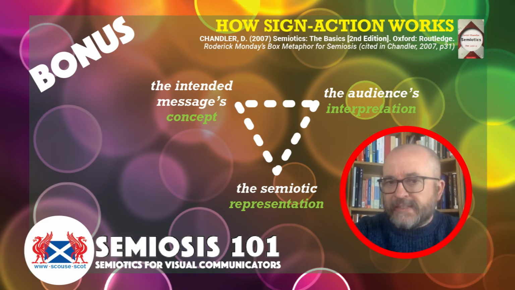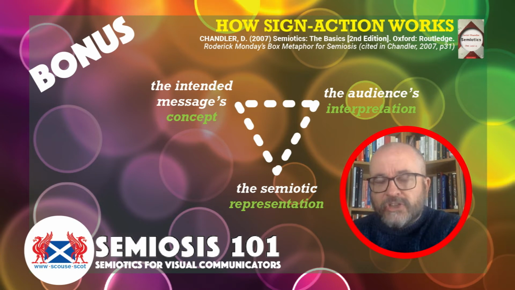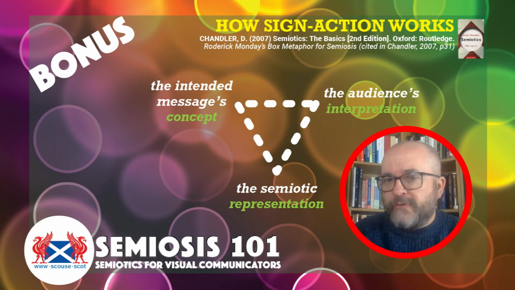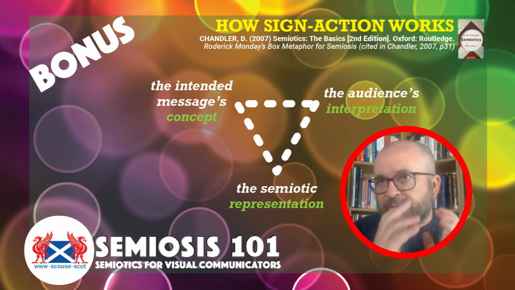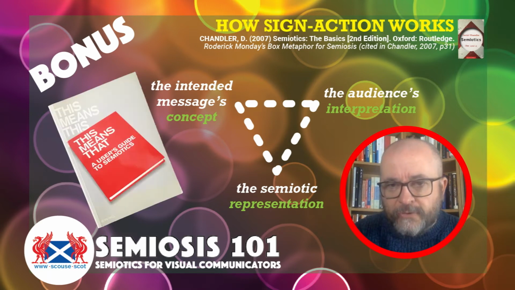So this is a cycle that comes from the intention through the visual communication designer, the graphic designer, illustrator at stage 2, onto the audience at stage 3, and the audience then, through the effective visual communication, understands what they're looking at. It means this. This means this. That means that. Sean Hall's excellent book as well.